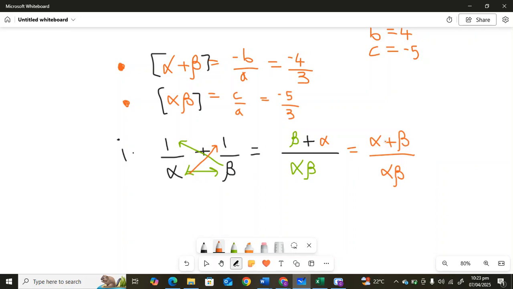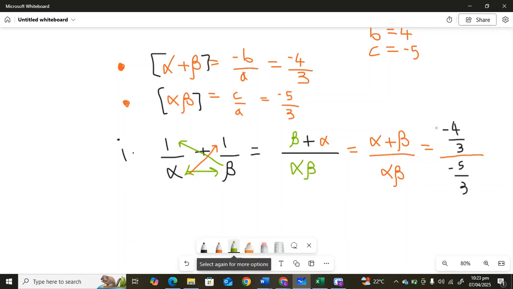So we substitute now. Here we've got alpha plus beta, which we substitute with negative 4 over 3, divided by alpha times beta, negative 5 over 3.